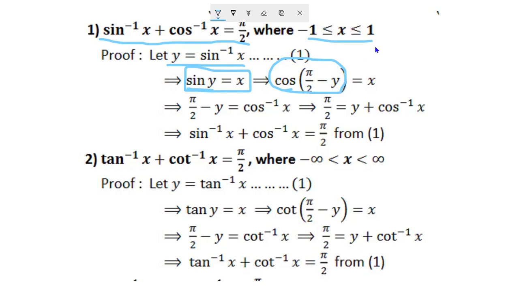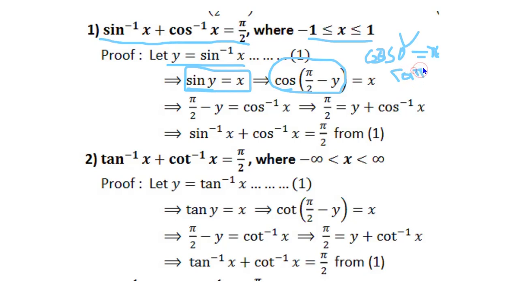While defining the inverse of the function, cos theta is equal to x, if cos theta is equal to x and theta is equal to cos inverse x, where theta lies between 0 to pi.